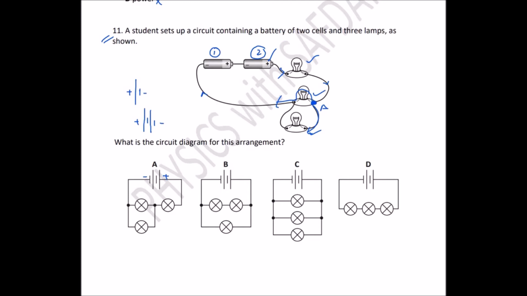Current starts to flow from positive. This is lamp 1, current is entering. After reaching this point, the current divides into 2 parts. That is showing parallel combination of components. Then current recombines from here and from this point and returns to the supply. So circuit A is the best representation of this combination. Option A is the right answer here.